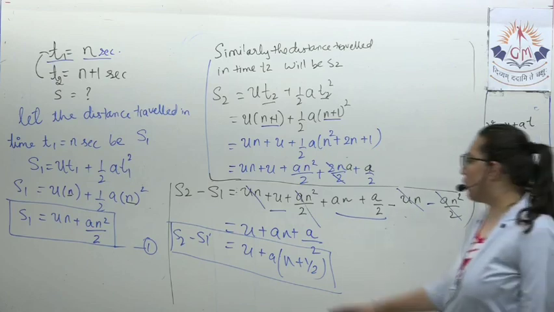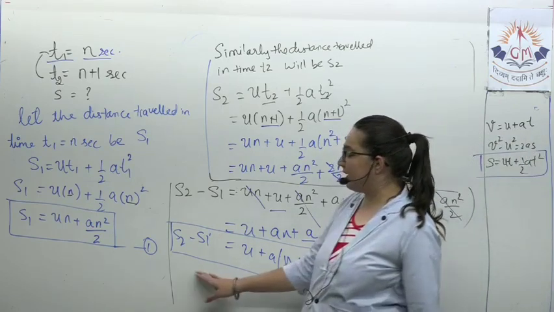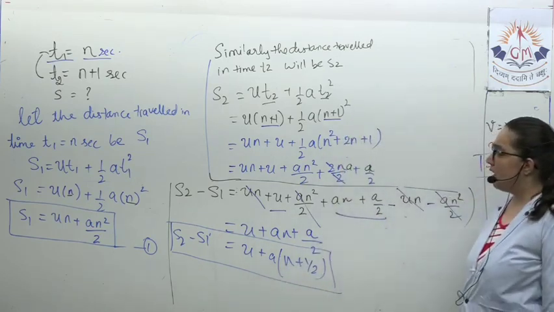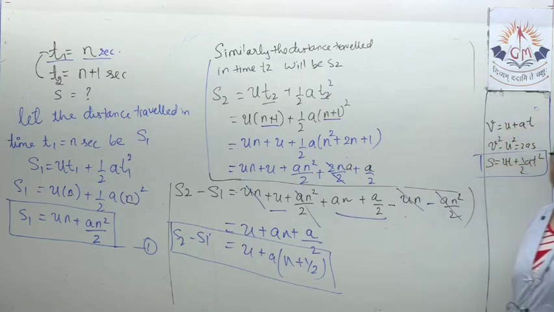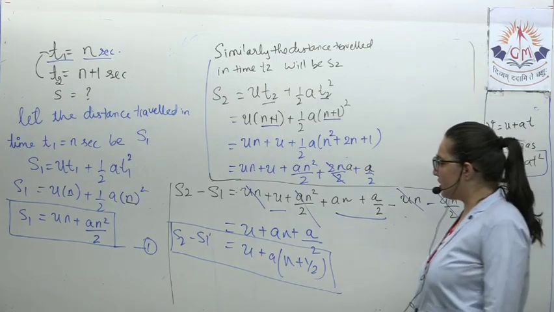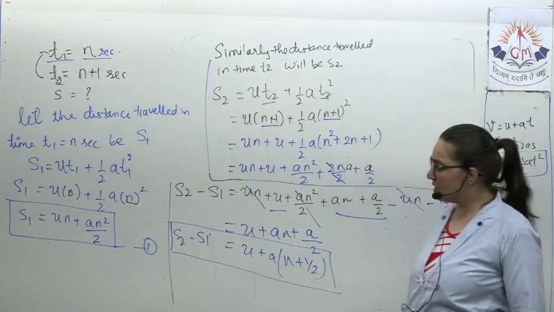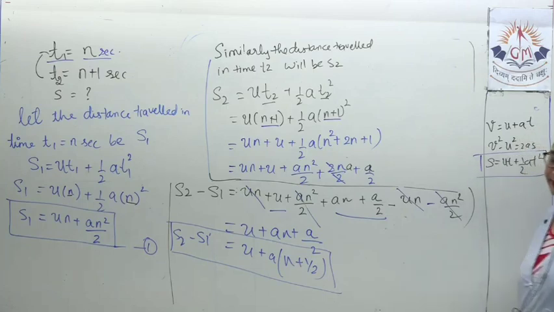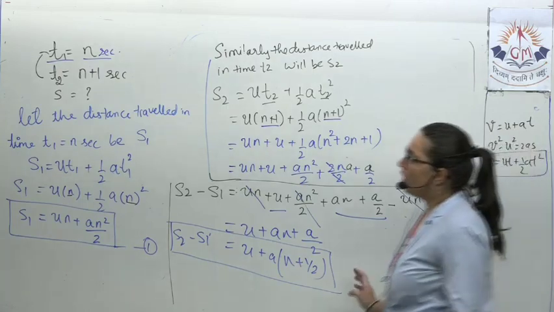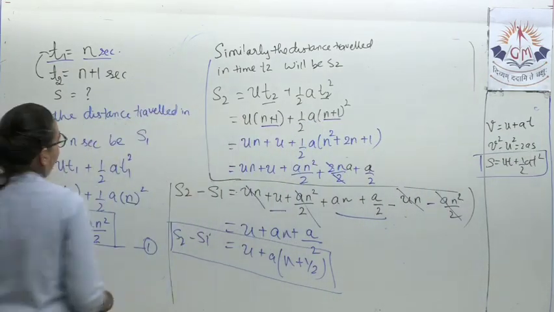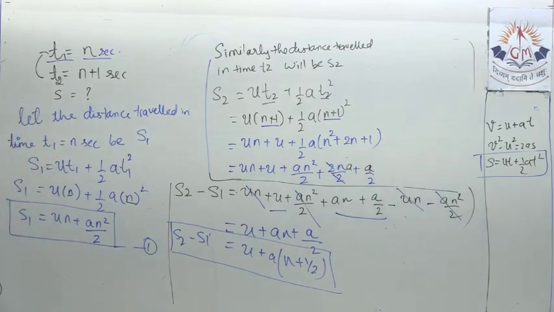If these values u, a and n are given to you, you can easily calculate this distance traveled in that nth second. We can take any particular number. One is given in your assignment also, that 4th and 5th second, you just have to place 4 over here and calculate what is the distance. That's also easy. If you have not noted, just take the screenshot of this so that I can move further.